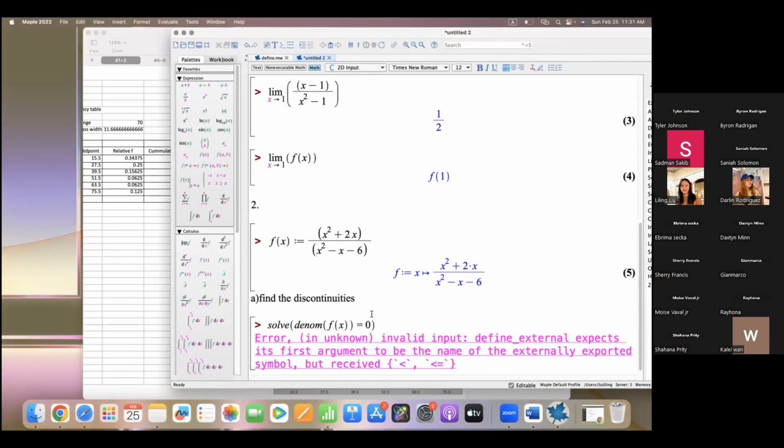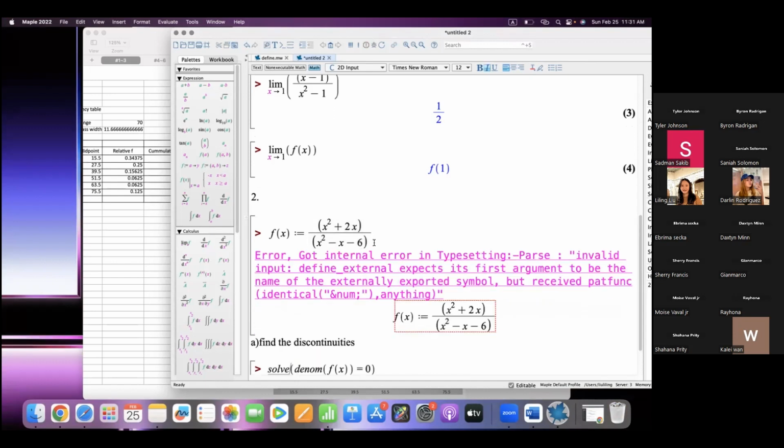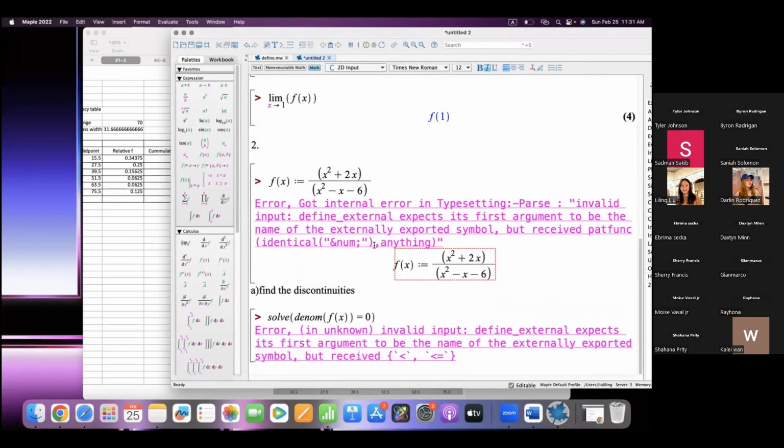Did you try running your f of x again? Or go back to the f of x. Yeah, run that again. Okay. It says that there's something wrong with that.